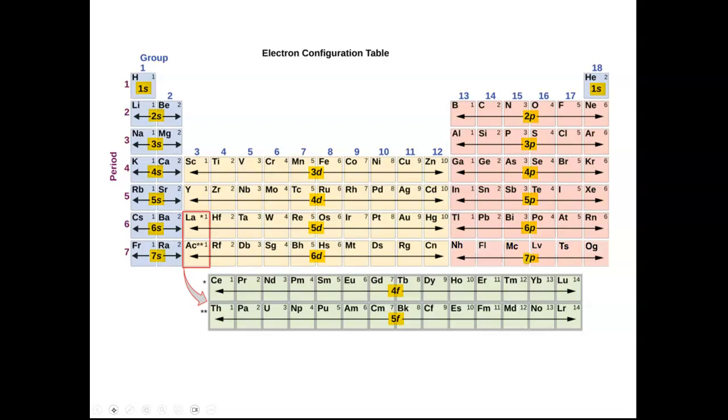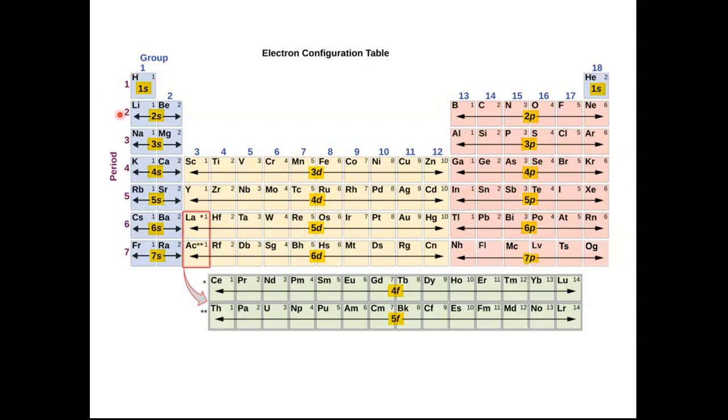So this table here kind of shows you the group and what the highest energy level is that you would fill. With period 1, group 1, we have 1s and 1s, and so that's hydrogen and helium, and it's full.